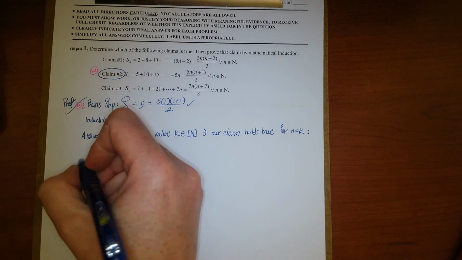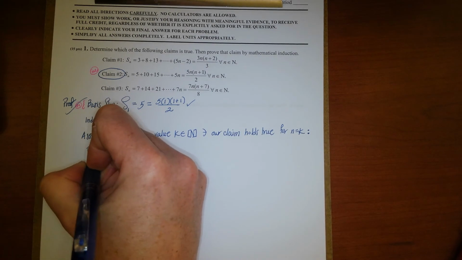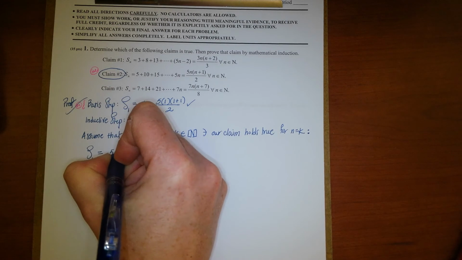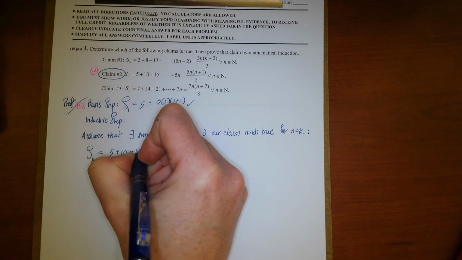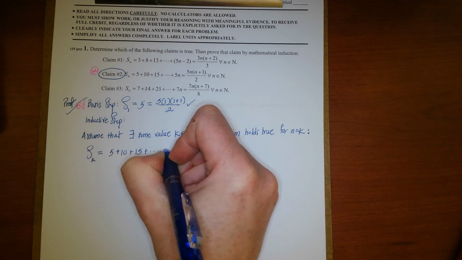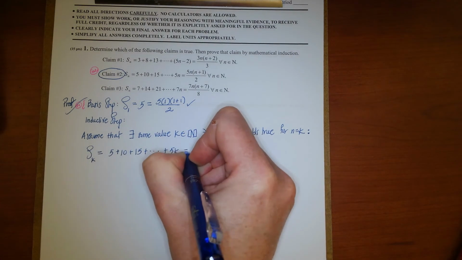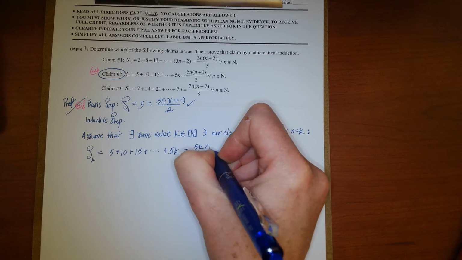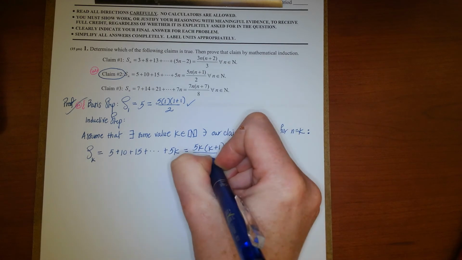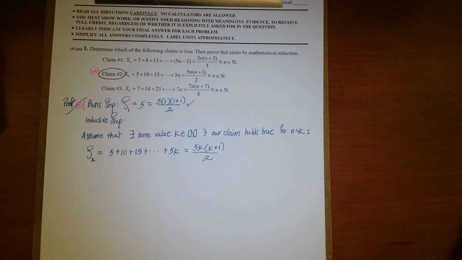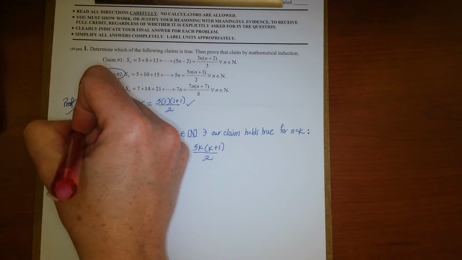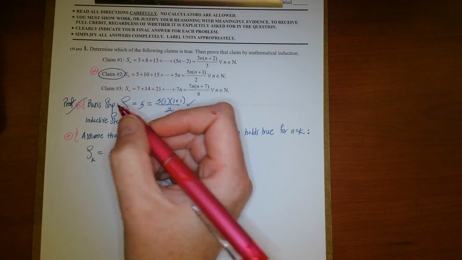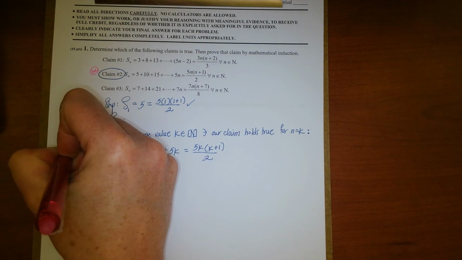Getting started there, the sum of the first k terms would be 5 plus 10 plus 15 all the way up to 5k, and our claim is that that could have been calculated by just doing 5 times k times k plus 1 all over 2. Okay. 1 point for this sentence here, and then 1 point for this piece right here.